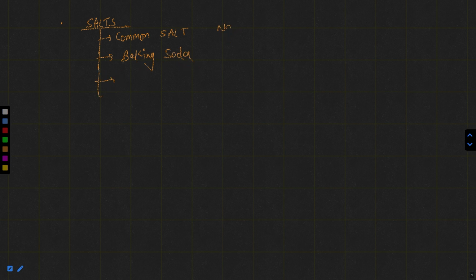Common salt formula is NaCl, baking soda is NaHCO3, sodium hydrogen carbonate. And when sodium hydrogen carbonate comes in contact with any edible acid, it will become baking powder.